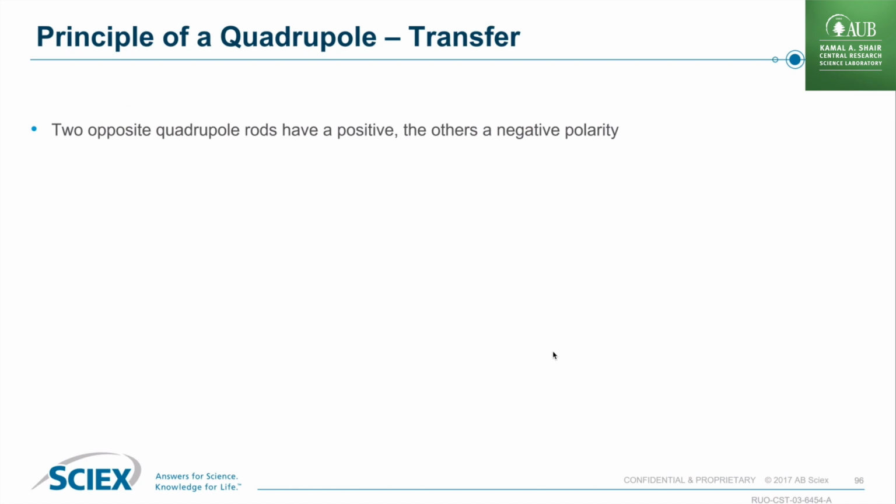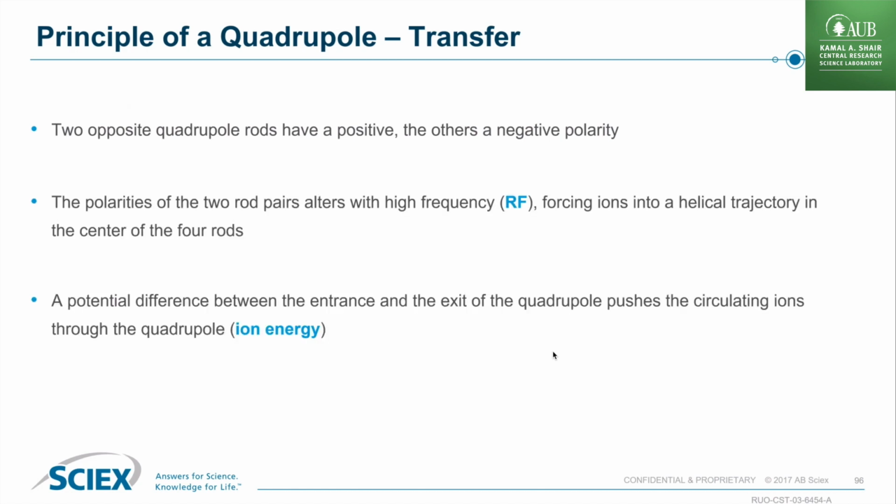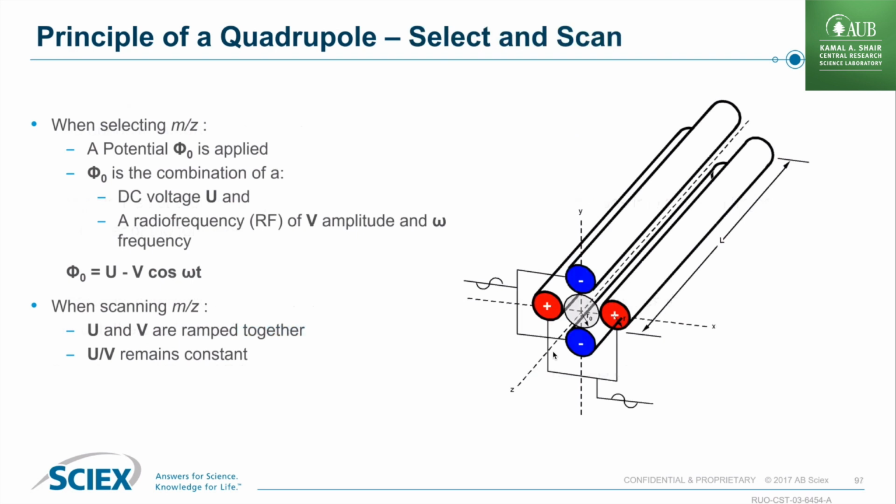So how does the quadrupole work? Let me show you actually the diagram first. So here's a diagram. This is a picture of a quadrupole. And you see the quadrupole is 4 parallel rods. So here, 2 of them are marked blue and 2 of them are marked red. And these are very accurately machined parallel rods. Now they have a radio frequency applied to them. Radio frequency, so this is an alternating current.